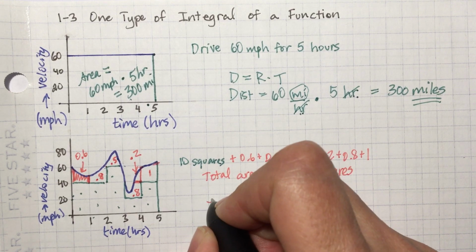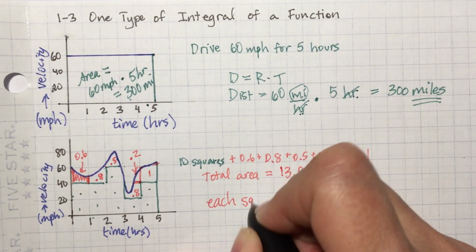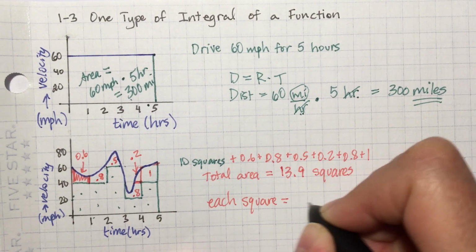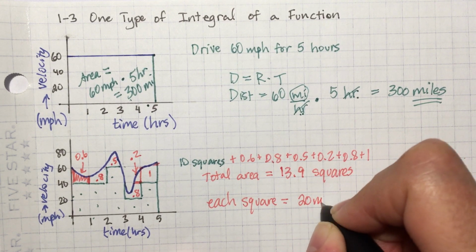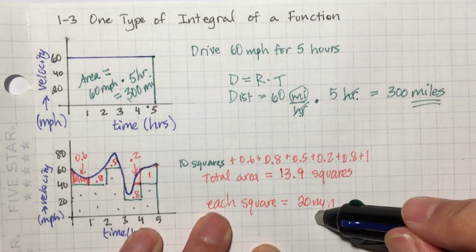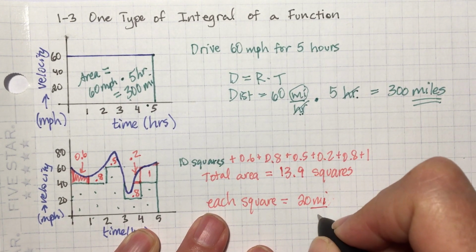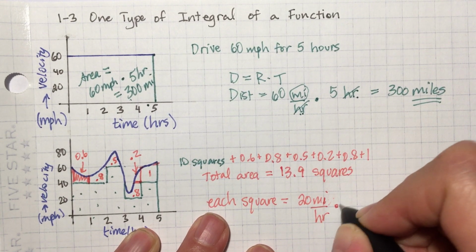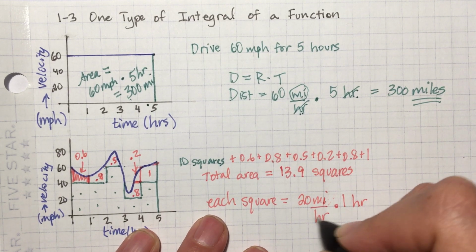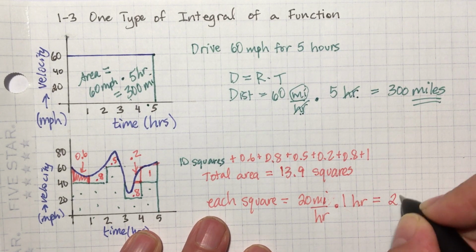So each square, though, we had said is 20 miles per hour tall. I'm going to change my units the way I'm writing that. Oh, sorry, I just totally shook the camera. 20 miles per hour times 1 hour, because the width is 1 hour. So that's 20 miles.